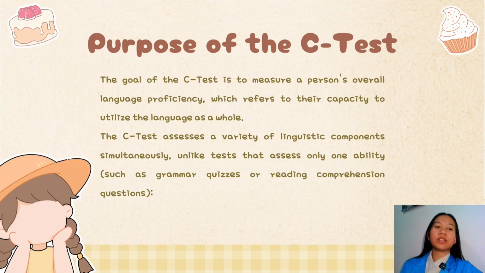The C-test doesn't just check what words students know. It checks how they use the knowledge in real context. It combines understanding, prediction, and grammatical awareness, at the same time, just like in real-life communication.